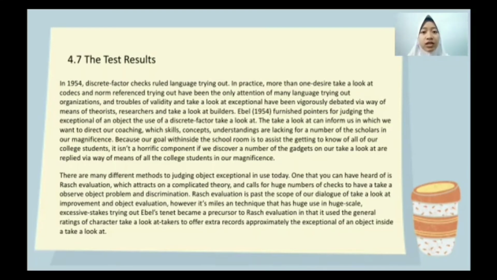Rasch analysis is beyond the scope of our discussion of test development and object analysis. However, it is a method that has wide use in large scale high stakes testing. Classical test analysis was a precursor to Rasch analysis in that it used the general scores of individual test takers to gather information about the quality of an object within a test.